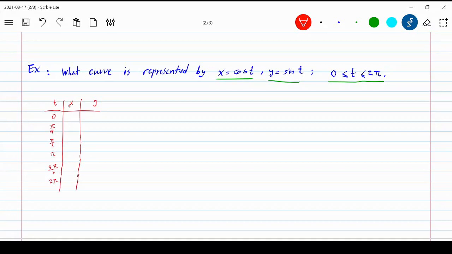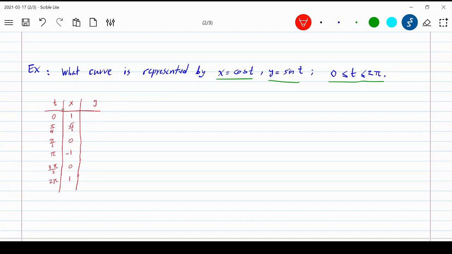What is the corresponding x value? The x value is cosine. Cosine of 0 is 1, cosine of pi over 4 is root 2 over 2, cosine of pi over 2 is 0, cosine of pi is negative 1, cosine of 3 pi over 2 is 0, and 2 pi would be 1.